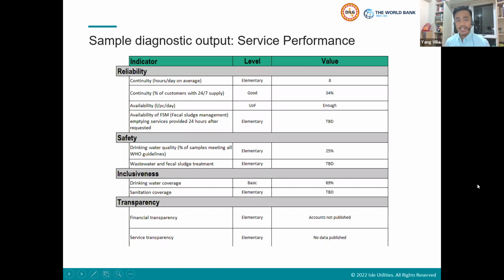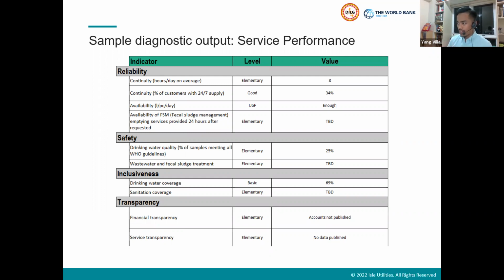In the next few slides, I'm now going to show you sample diagnostic outputs that you can get from the UOF tool. Again, noting that this is the current version of the UOF tool, and this is undergoing significant streamlining in terms of reliability of data, cleansing, etc.